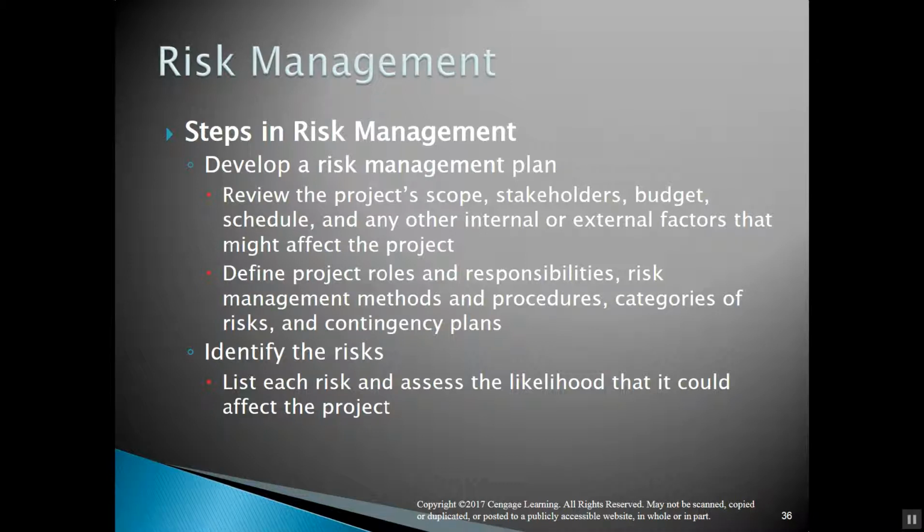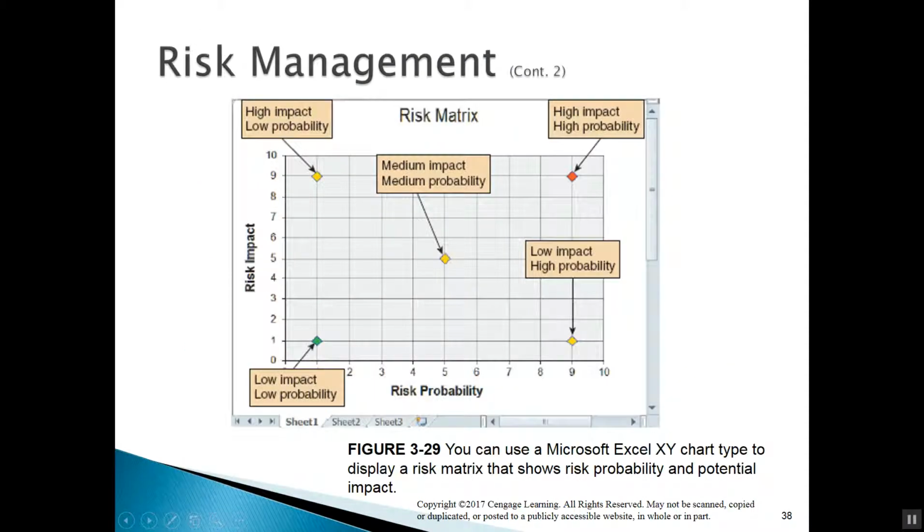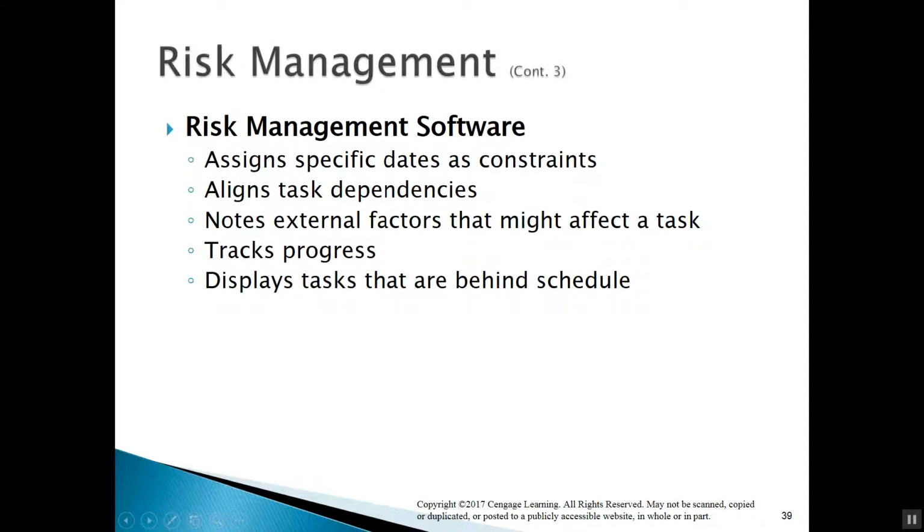Okay? So we'll do a risk matrix and just come up with ideas. And we have to assess them and say, is it a high impact, low probability, low impact, low probability? And then once we understand that, the things that are high impact and high probability, those get addressed first. We'll just work our way right on down.